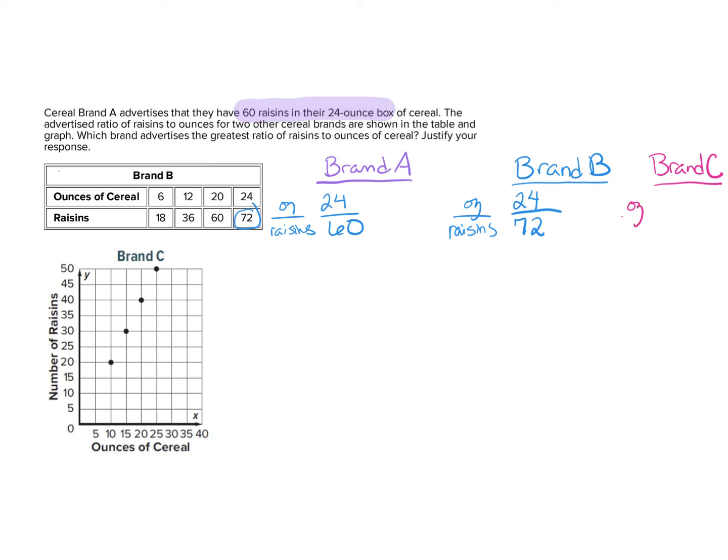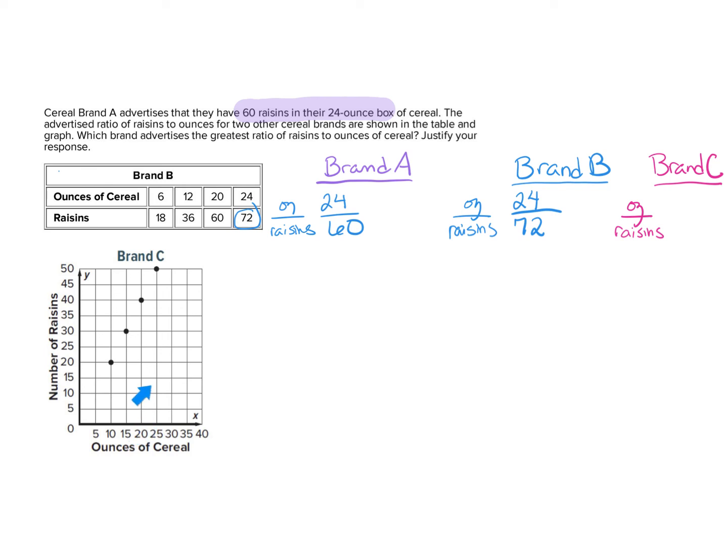For brand C, we want ounces again in raisins. And let's see if we can find on our graph when we have 24 raisins. So I'm sorry, 24 ounces. So we want to look down at the bottom and find 24 down here. 24 would be about all the way over, almost to 25.